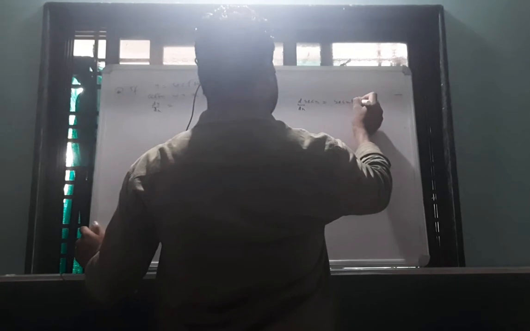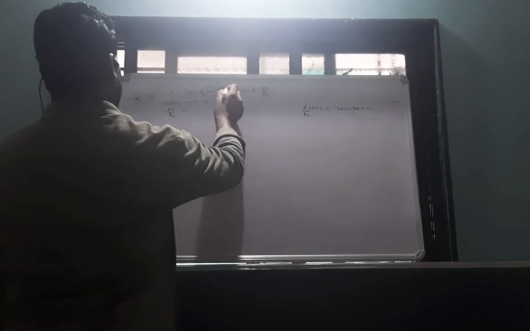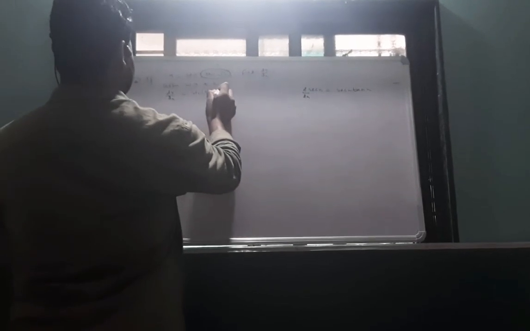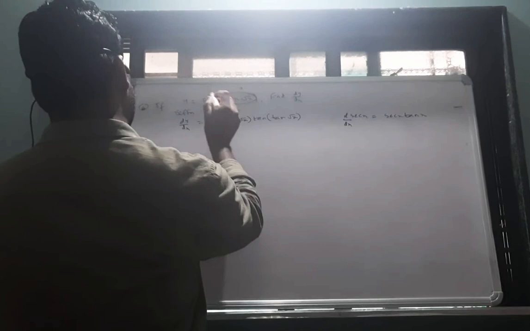You know the derivative of sec x is sec x tan x. So now I take this as x: sec x, the derivative of sec x, for tan root x, is sec of tan root x into tan of tan root x. So now the sec derivative is completed.